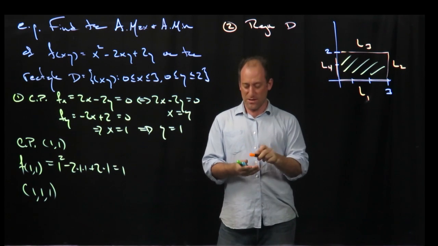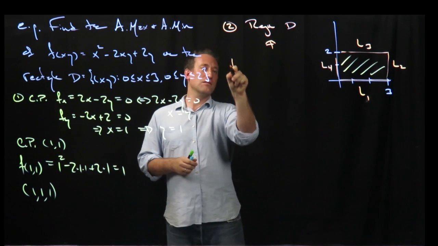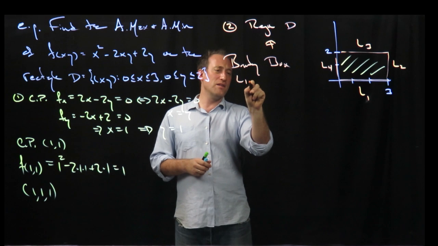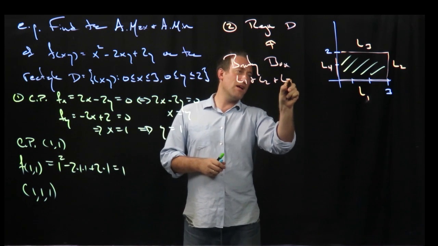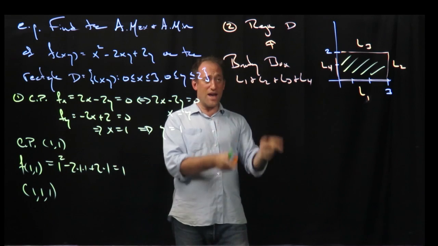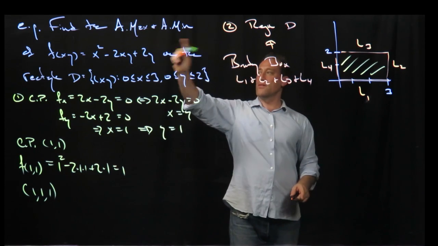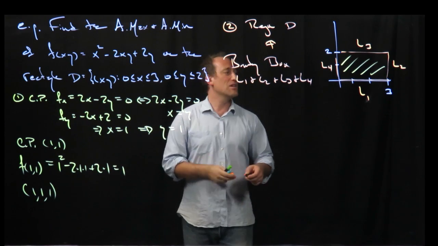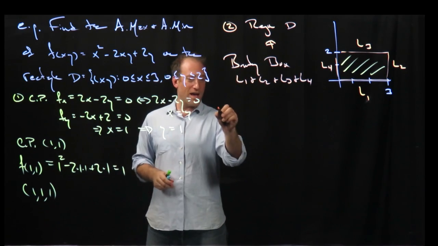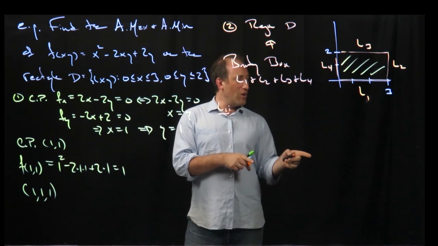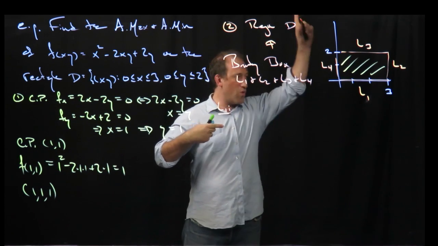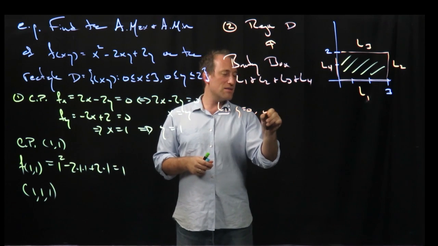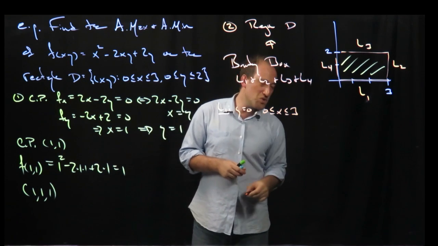So the region D has boundary, the box made up of L1 and L2 and L3 and L4. I need to analyze the behavior of this function f of xy on each of these L's. So let's start with L1. On L1, I'm on the x-axis, so y is 0. Said differently, y is 0 and x ranges between 0 and 3.